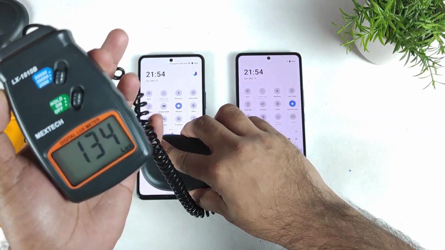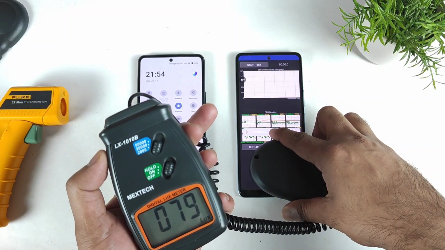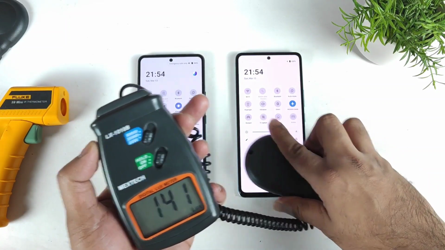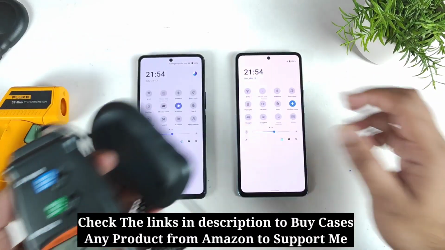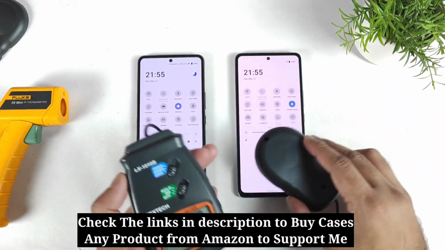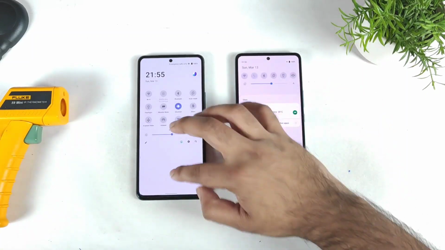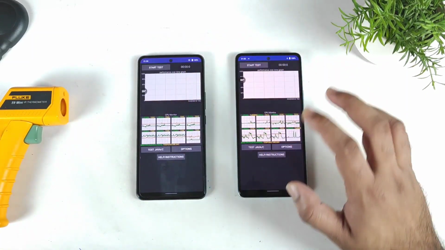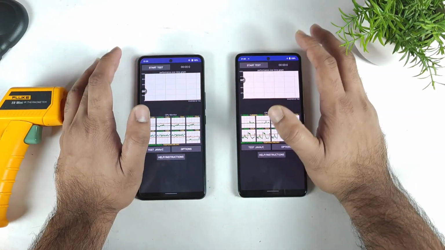I think it's slightly more again. I think it should be very similar. As you can see friends, same kind of brightness levels right now. I tried to keep not 100%, but just 50% brightness, with exactly the same level of brightness nits.